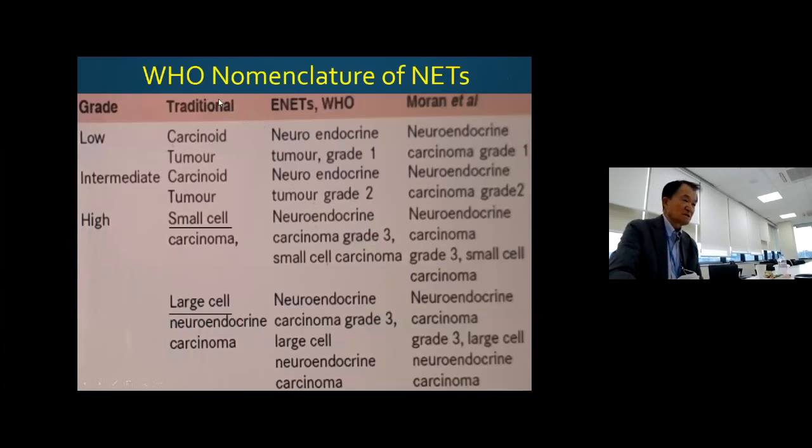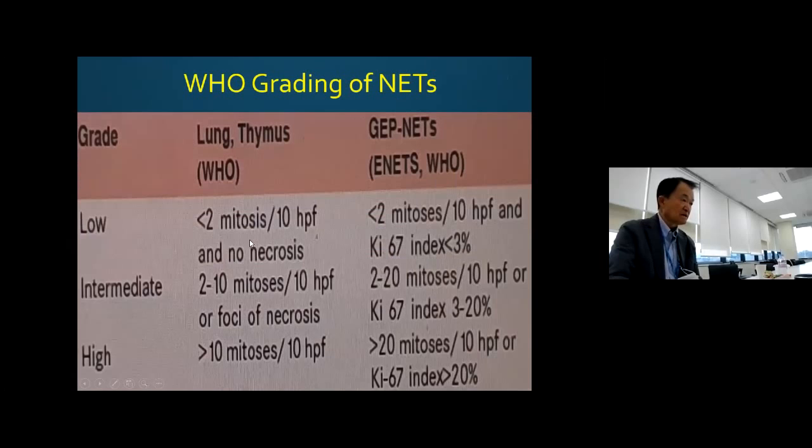So the nomenclature by WHO has been listed as you see here, and traditionally carcinoid, and now just neuroendocrine tumor, and a certain location. The histological grade is classified low to high, and this is determined by pathologists based on mitotic numbers.